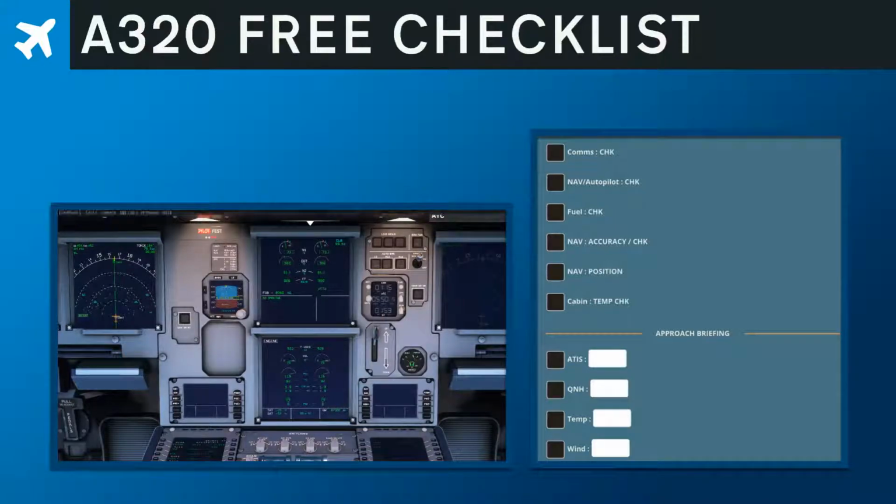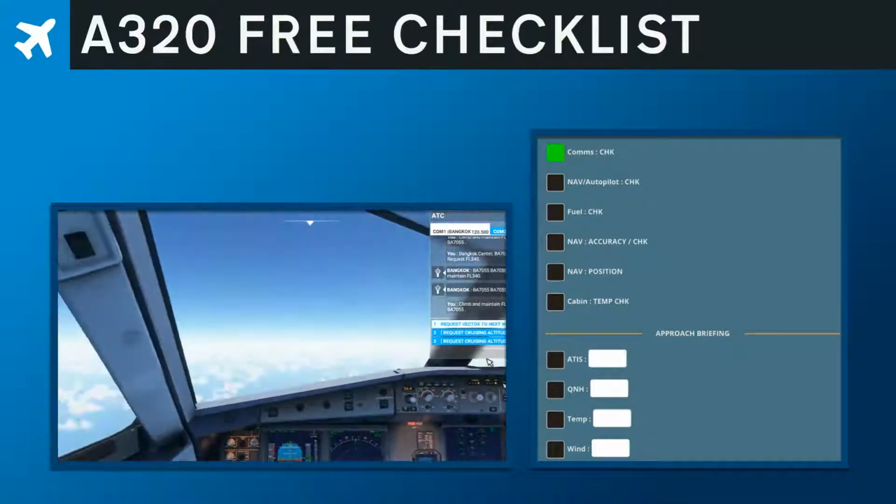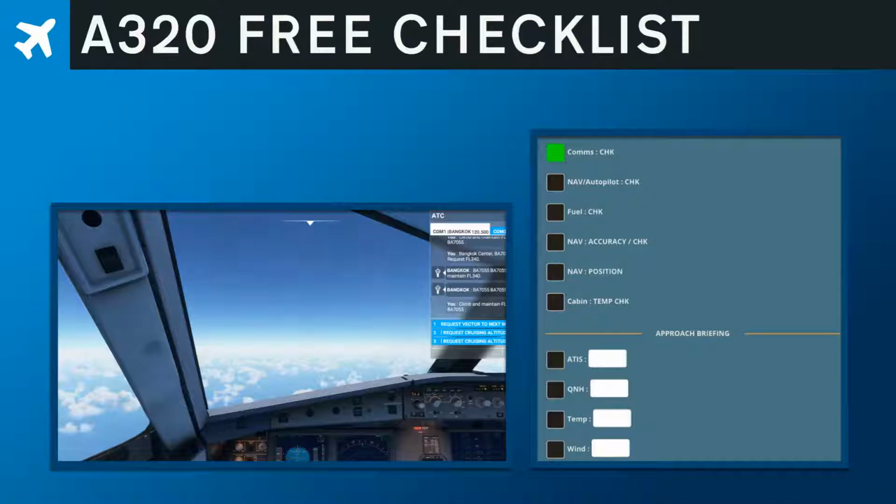Comms, we know that we're talking to Bangkok Centre, and we've got our climb approval to 34,000 feet, which we're just arriving at. So that's good. We can check the nav and autopilot. Everything seems to be going.